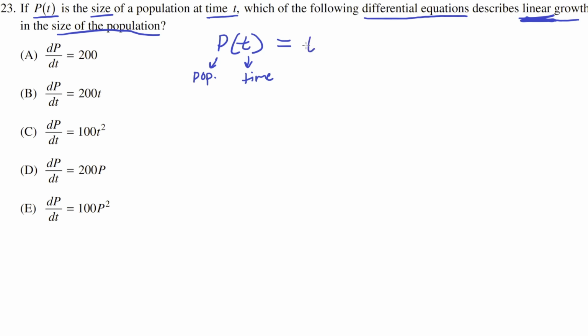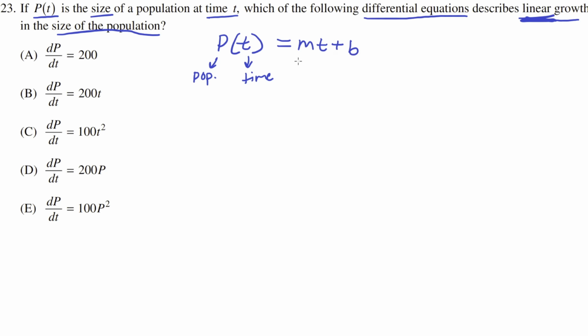So that means the form of P of t is going to look like some slope, we'll say m, times t plus some constant, like the y-intercept.